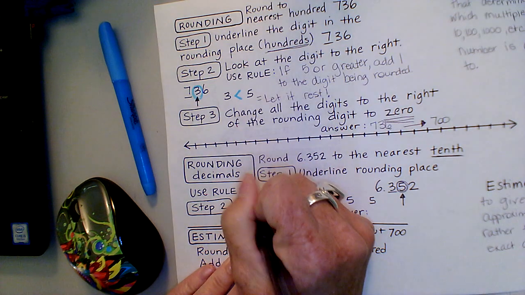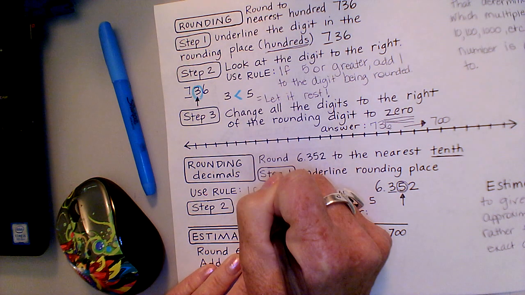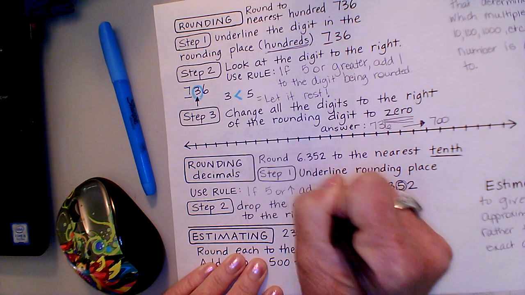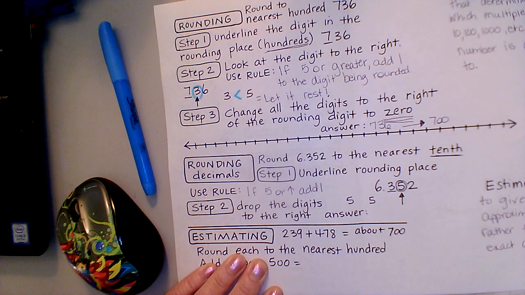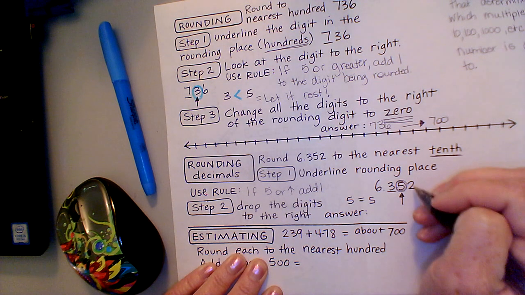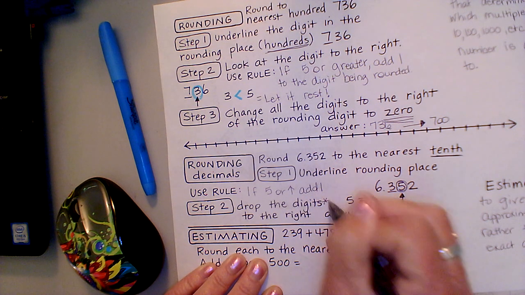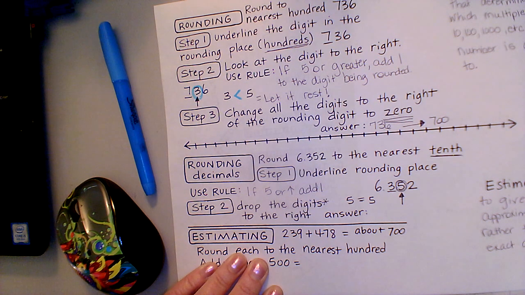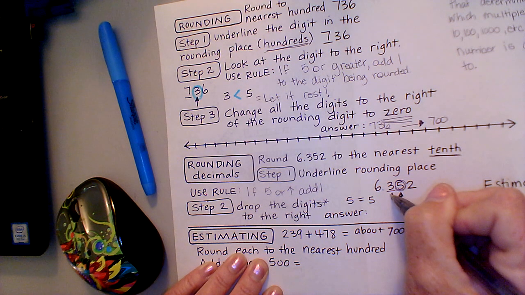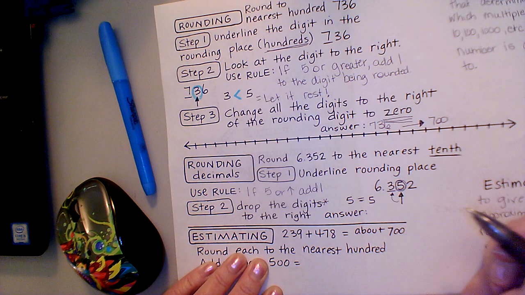The rule, if it's 5 or greater, add 1, right? This number is actually equal to 5, so we are going to drop the digits to the right. Everybody see that? Step 3, we're going to drop the digits to the right because they would actually change to zeros, and in decimals we don't need them after that, right? So the answer, what is this going to change to if we're adding 1?